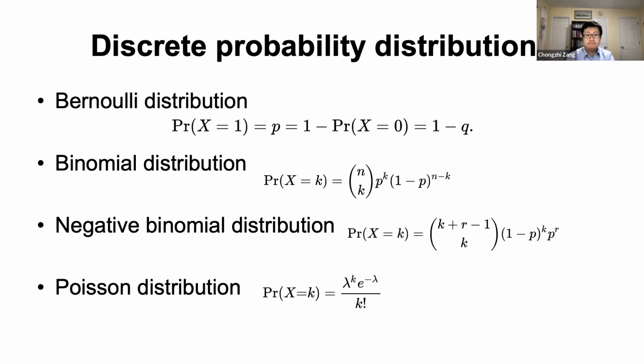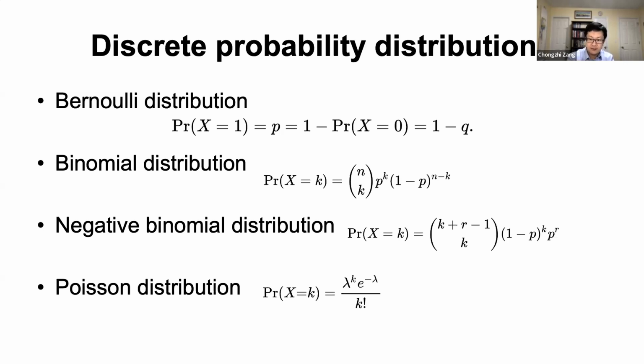So, the Bernoulli distribution. Imagine that we just toss a coin. When we toss a coin, what's the probability of observing each side?